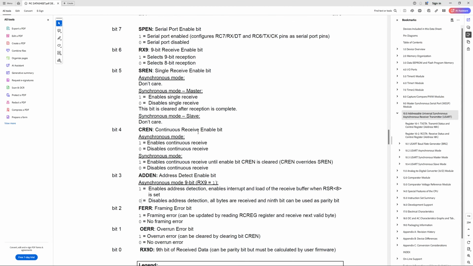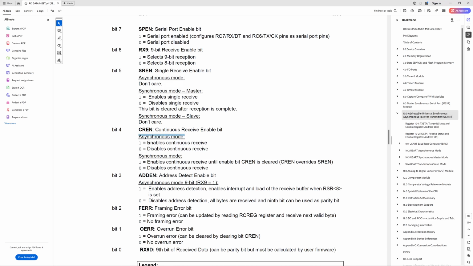Next, the continuous receive enable bit. You can see two kinds of configuration here, for asynchronous mode and synchronous mode. We are in asynchronous mode, right? So 1 equals enable continuous receive, 0 equals disable continuous receive.